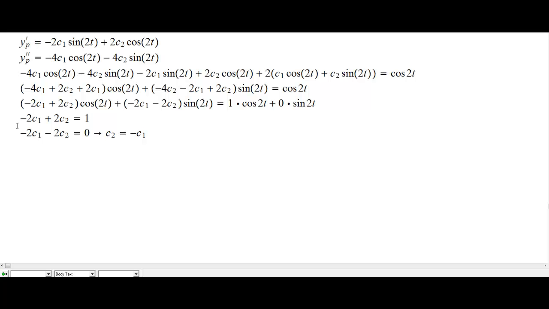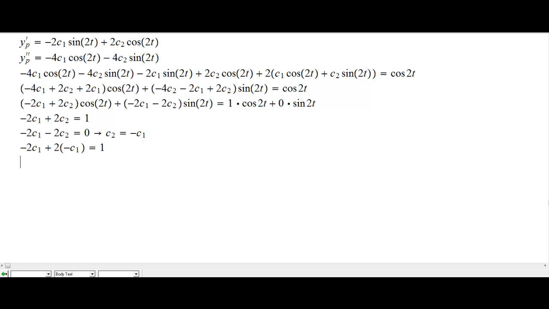Are we good? So C2 is negative C1, and we can write this here, negative C1.